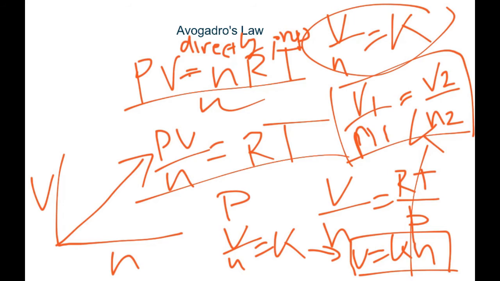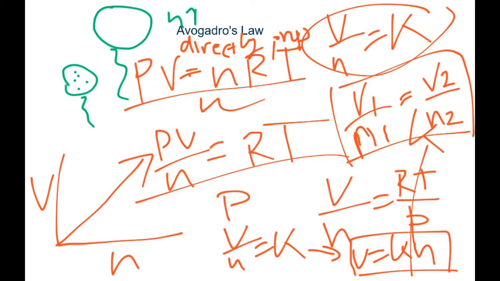Now, does Avogadro's law make sense? Well, let's think about this. Let's say we have a balloon with not a lot of gas in it, and we add more gas, so the moles will increase.